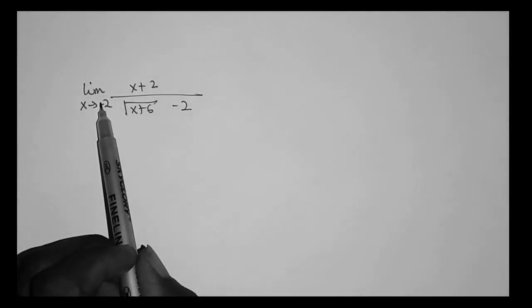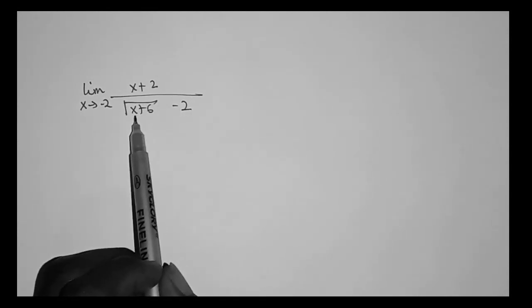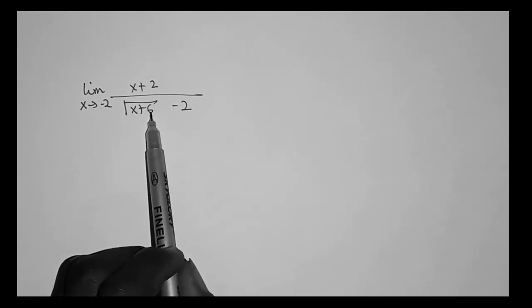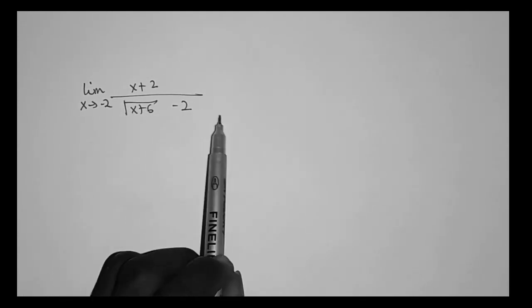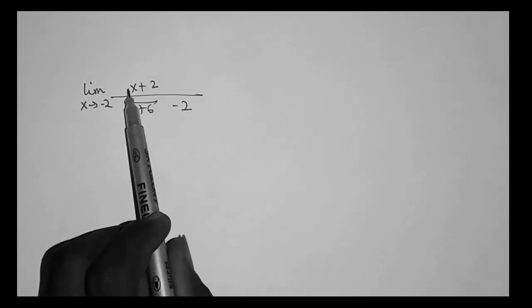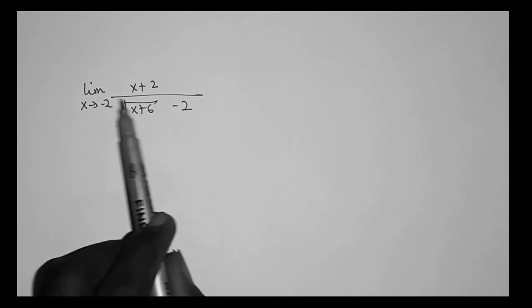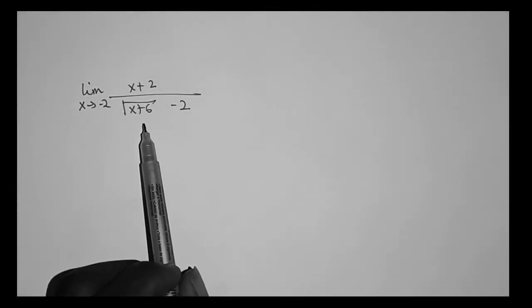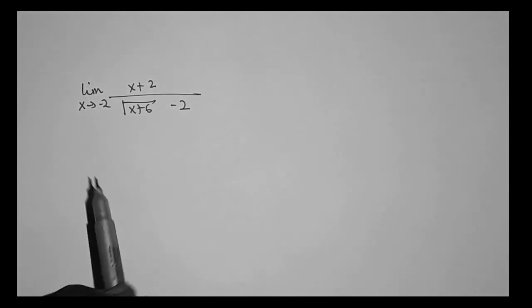If we put minus 2 in the denominator, it's going to be minus 2 plus 6, which is 4. Square root of 4 is 2, and 2 minus 2 is 0. If the denominator becomes 0, it will make the function undefined. So we need to find a way of escaping that, and the way to do that is by rationalizing.